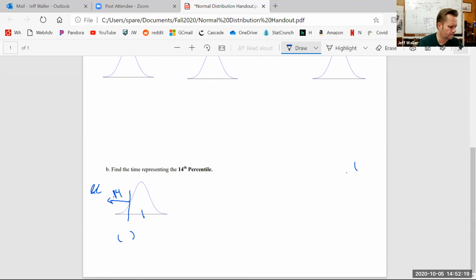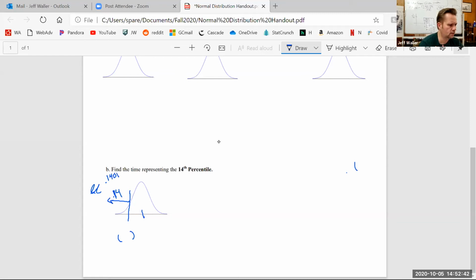I did. Okay. And what was the area that was closest to 0.14? You didn't find exactly 0.14, did you? What'd you find? 0.1401. 1401, yeah.